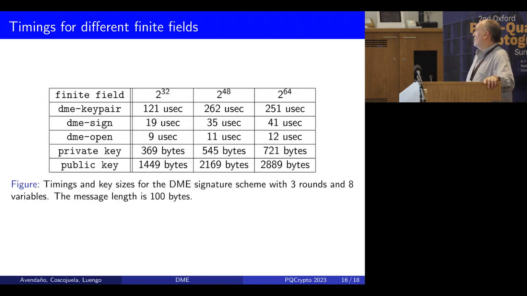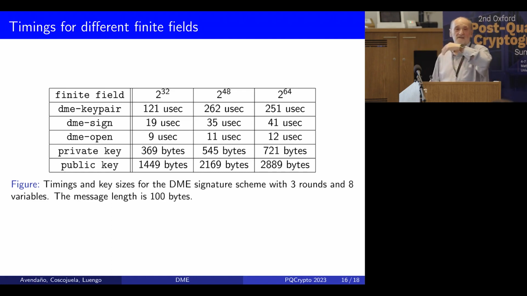So finally, you see in this slide and the previous slide that the speed and the size are very good. So we have some space to give more security without a penalty in the speed.